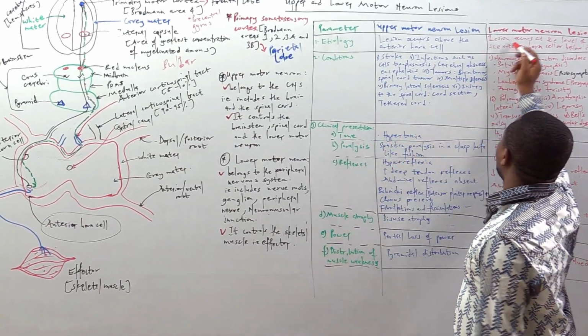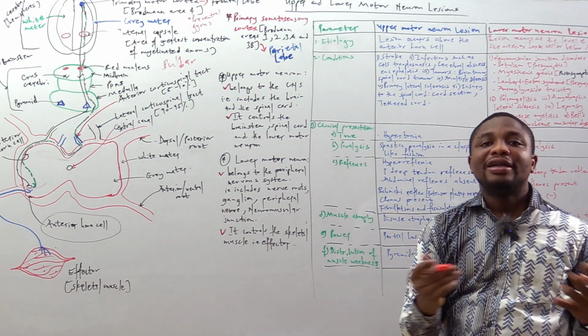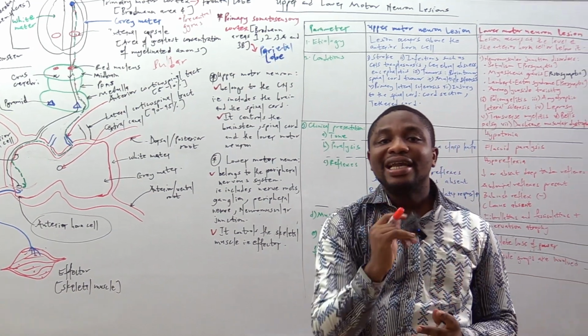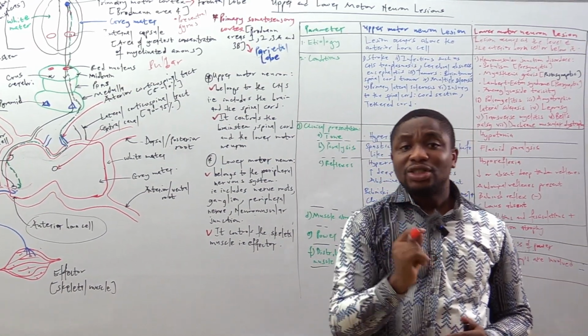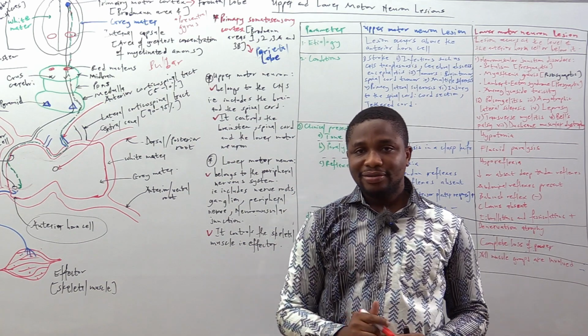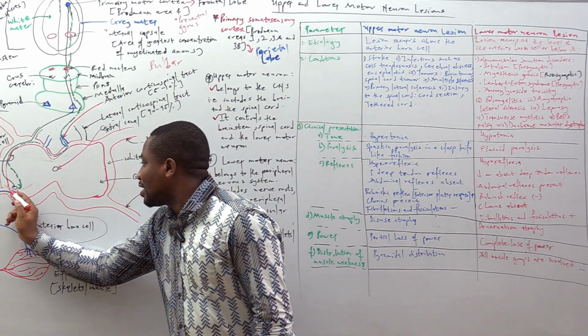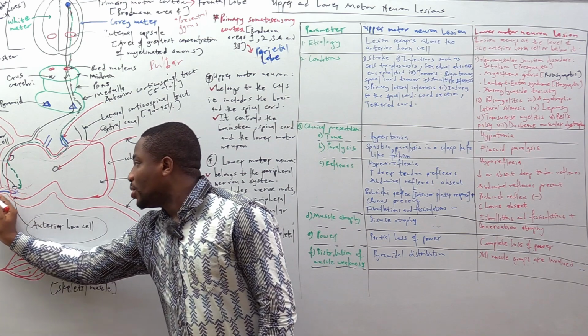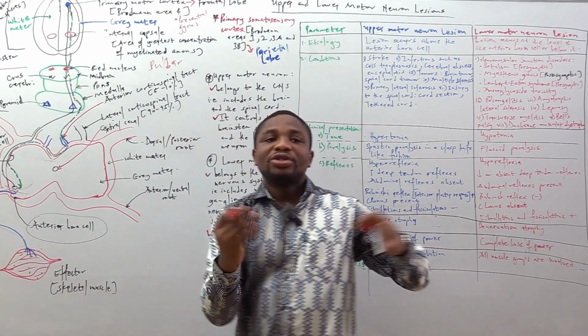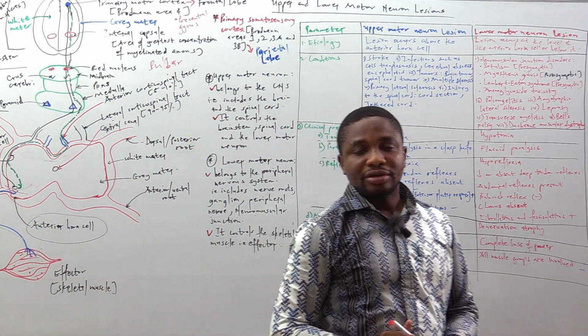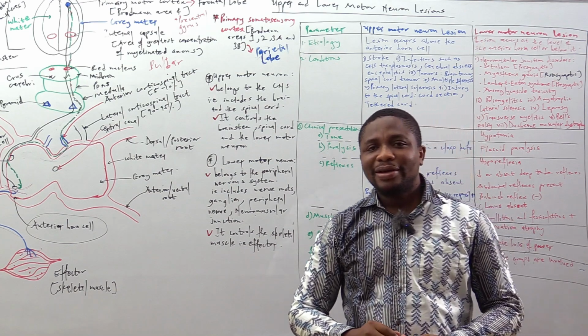What of the lower motor neuron lesion? The lesion occurs at the level of the anterior horn cell or below it. So it's either here at the level of the anterior horn cell or below it, and that would constitute the lower motor neuron. I hope that is clear.